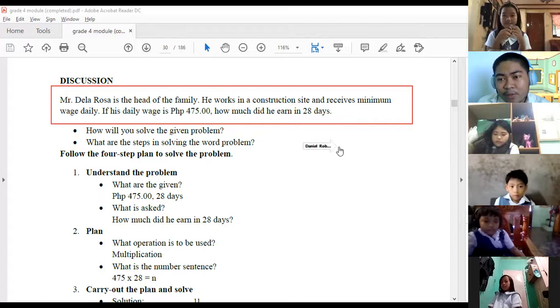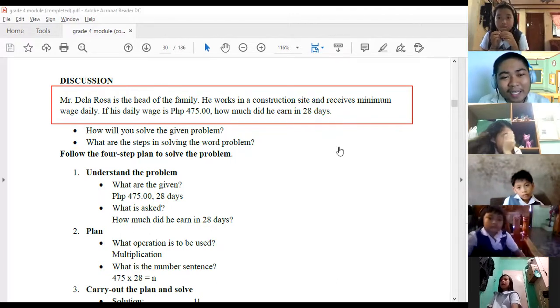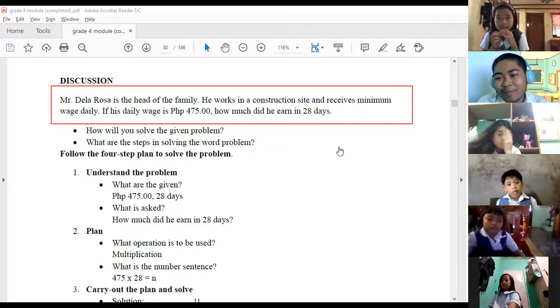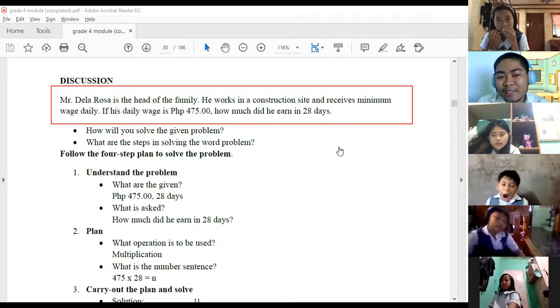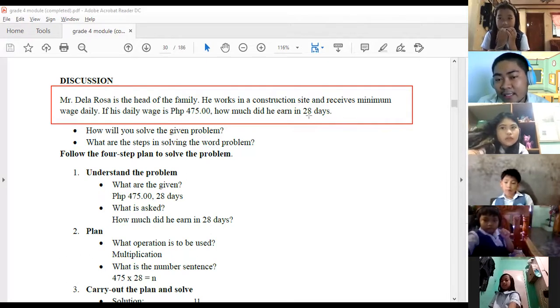Okay. So, how will you solve the given problem? And what are the steps in solving the word problem? So, una nating hanapin, what is asked? Kasi nga, we need to understand the problem first. What is asked? How much did he earn in 28 days?